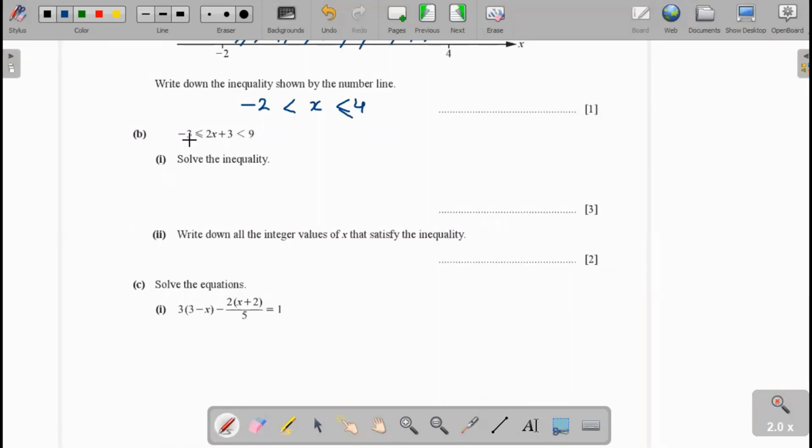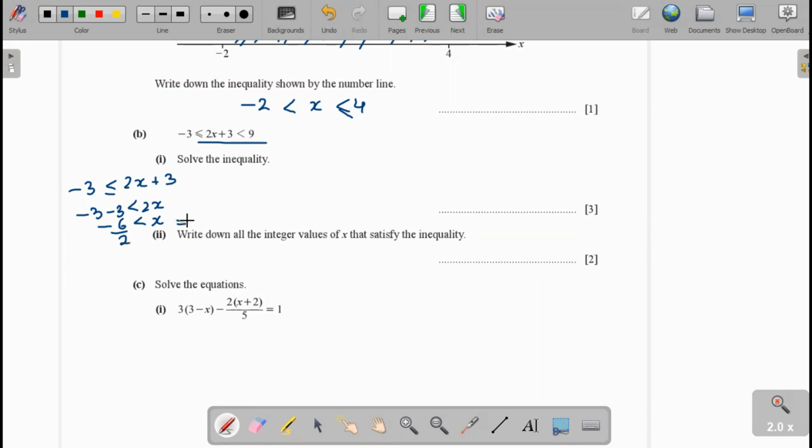2x plus 3 is greater than or equal to minus 3 and less than 9. Solve the inequalities. This is very simple. Now you see here 2x plus 3 is greater than or equal to minus 3. Firstly, the value will become 2x is equal to minus 6, and that is x equal to minus 6 over 2.